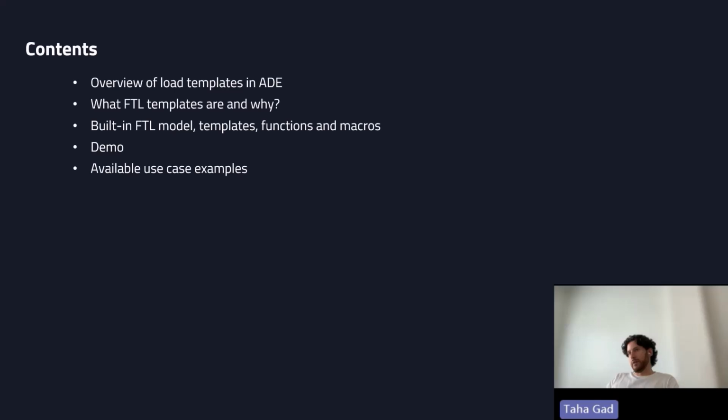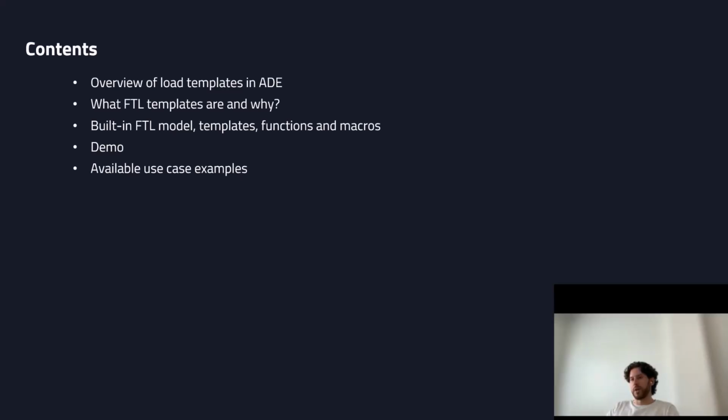So we'll have a look into those, and then I will demonstrate how it all works, and then we can look at the available use case examples that we have in the documentation already created during this summer.